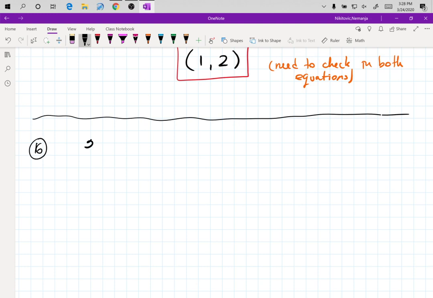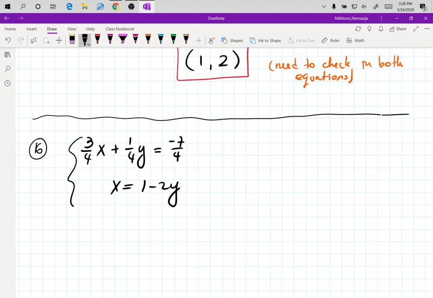It says 3/4 x plus 1/4 y is negative 7/4. And they were really nice and already solved this for x. X equals 1 minus 2y. Wow, what nice folks, right? They're really nice. So all we need to do now is to deal with the fraction.